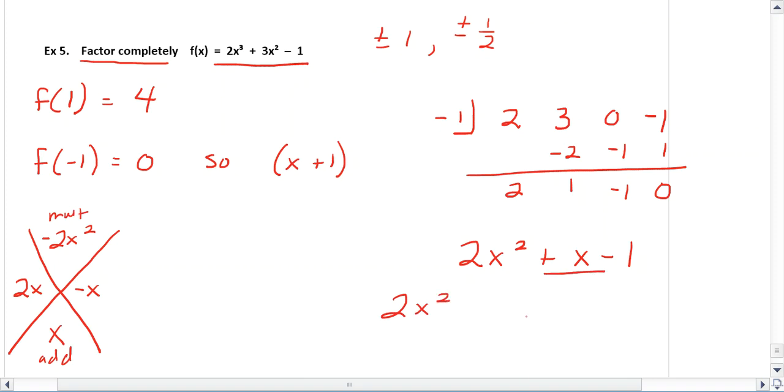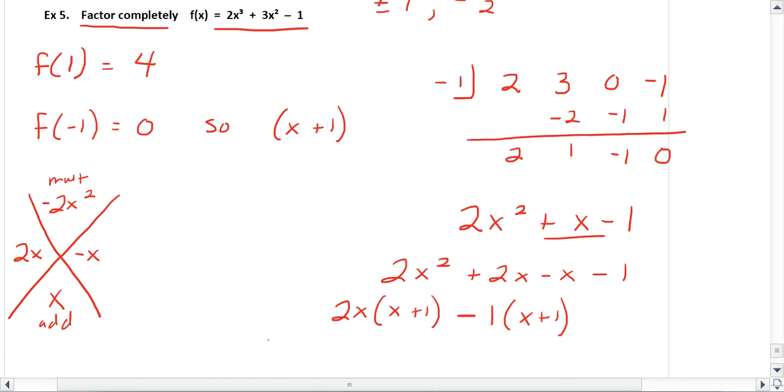and remember in grouping you're writing that middle term a different way, by writing it as 2x minus x minus 1, and then we GCF the first two and GCF the last two. Or if you prefer, you can use the diamond box and you'll get to the same thing.